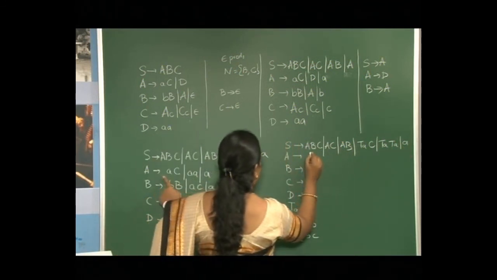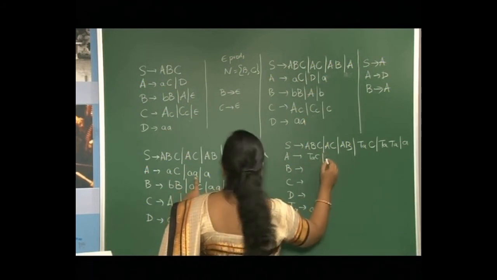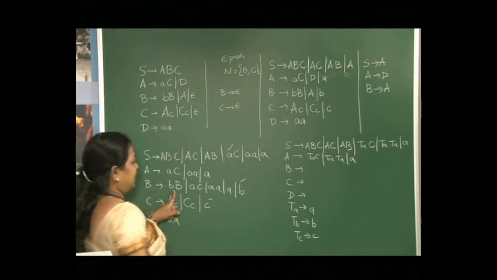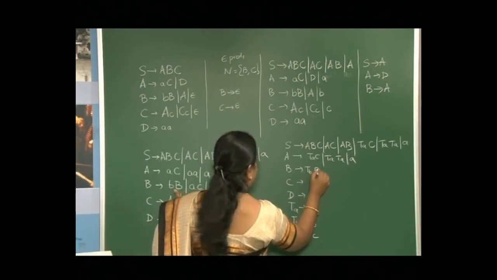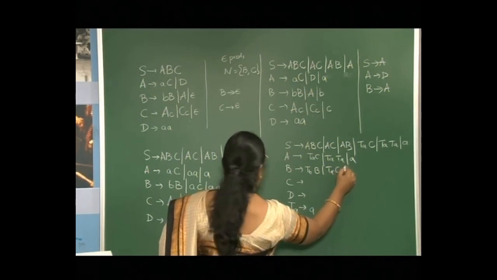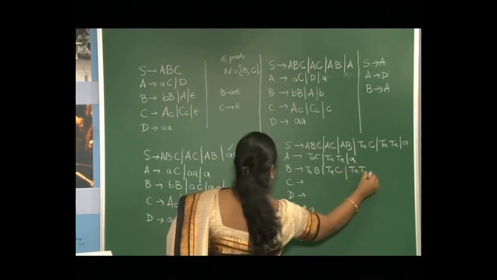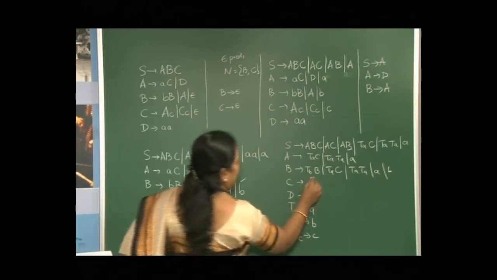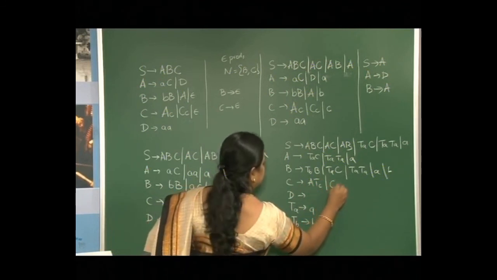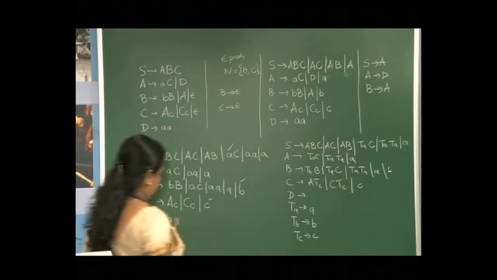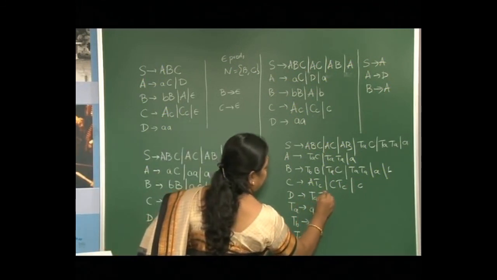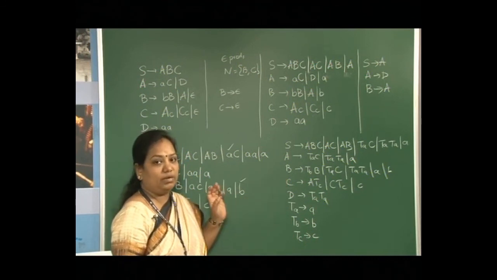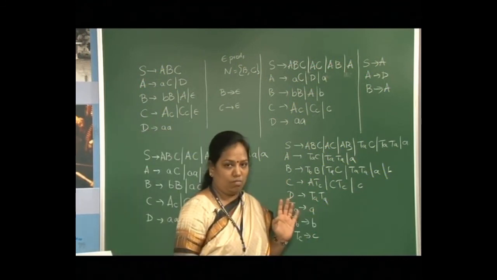Next, coming to A tends to TAC or TATA or A. Next, B tends to TBB or TAC or TATA or A or B. Next, C tends to ATC or CTC or C. D tends to TATA. Now what did we do? We replaced all the terminals with non-terminal symbols if the length is 2 or more.